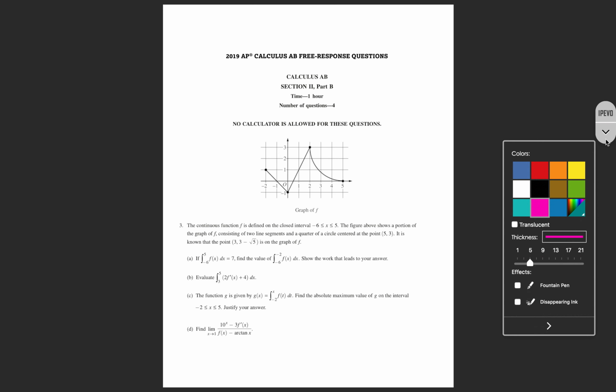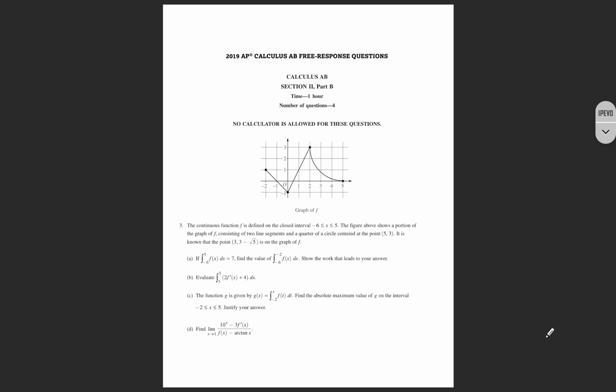We are given that the integral from -6 to 5 of the function is equal to 7. And this integral can be broken up into two integrals over the interval, and we're going to break it up conveniently at -2.